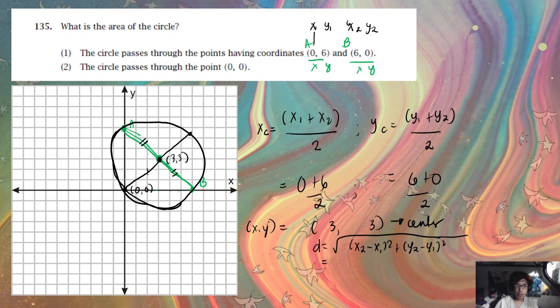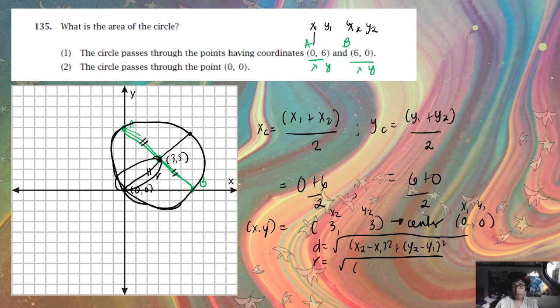The distance between 0, 0 and 3, 3, the origin and the coordinates 3 and 3, is going to be the radius of our circle. Let's try to write our points here. x sub 1 will be 0, x sub 2 will be 3, y sub 1 will be 0, and then y sub 2 will be 3.